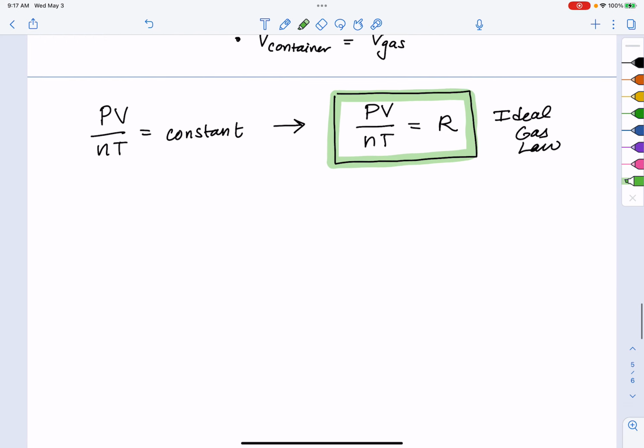Now, some things about the ideal gas law. You could also see this written in the form that most people are familiar with. Like, this is how I learned the ideal gas law, which is moving the NT over. So they get PV equals nRT. That's another way of looking at the ideal gas law. It's just a re-expression of it.